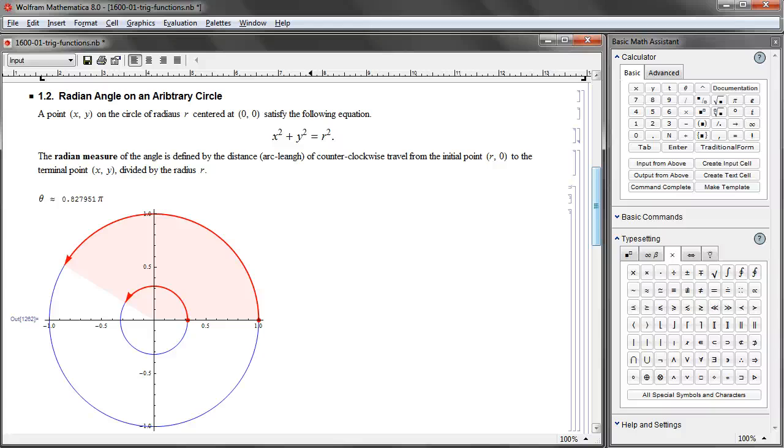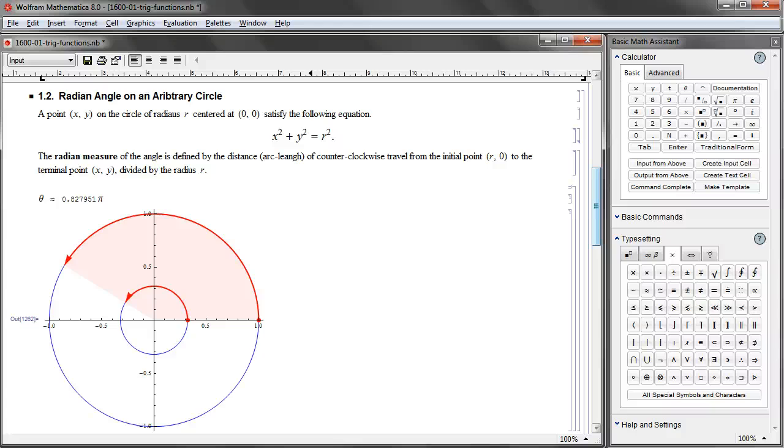Because I divide by r, we end up with the same angle, and as you can see here, the terminal points are located at the same radial position.